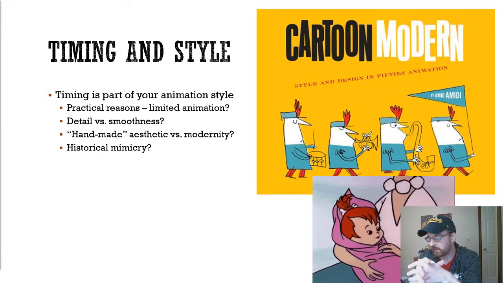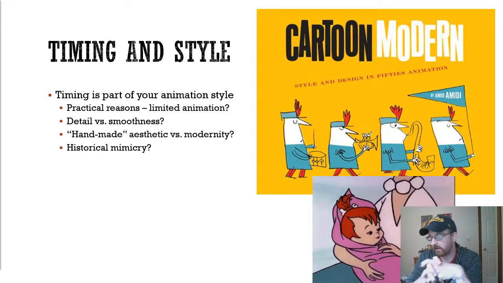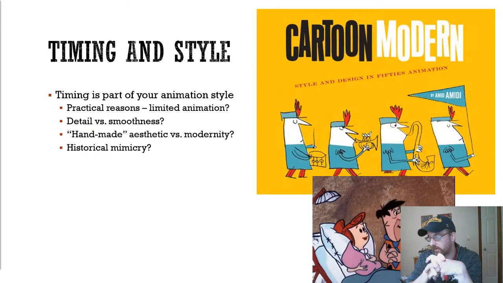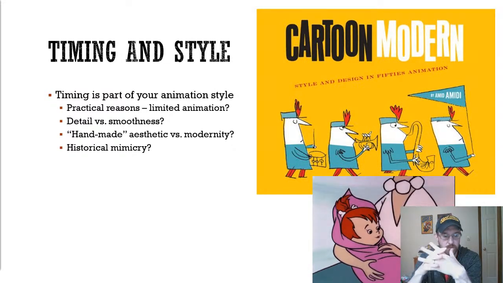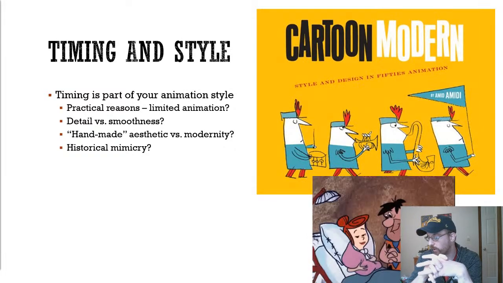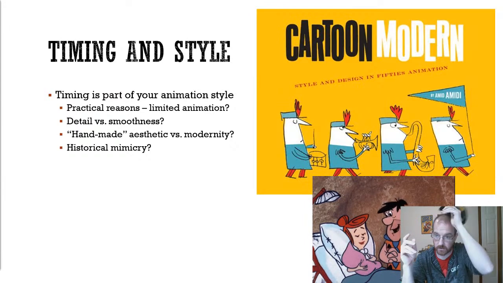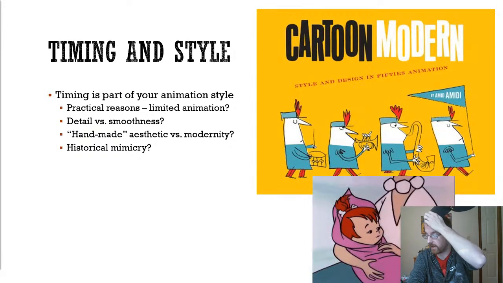So we've talked about timing already as an element of how much budget there was to produce a piece of animation, and so how much work they did for the animation. Look at this GIF from the Flintstones. The Flintstones came on TV the other day and I was watching it for a little while.